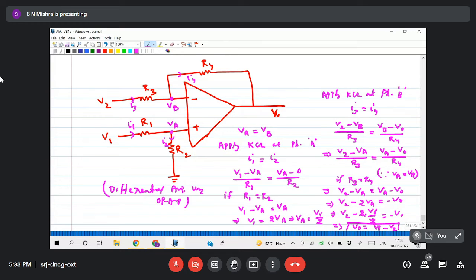Output V0 equals V1 minus V2. So we have seen inverting, non-inverting, unit gain buffer, summing, and subtractor or differential amplifier. Next we'll see another two types of circuit which will integrate and differentiate the input signal.